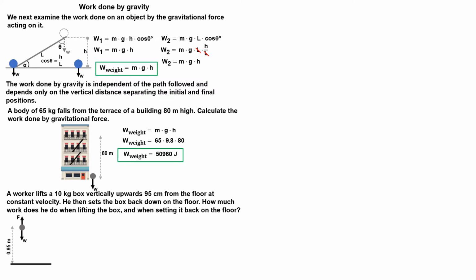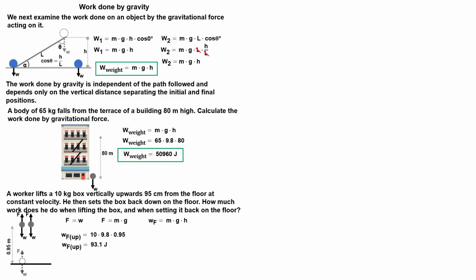Therefore, the magnitude of F is mass times gravity. When the body is lifted, the force F acts in the same direction as the displacement, so the worker does positive work. The worker does 93.1 joules of work when lifting the box.